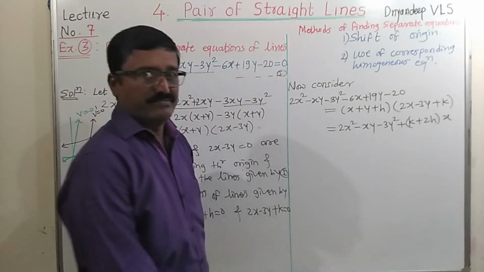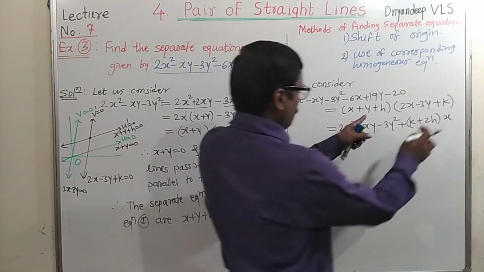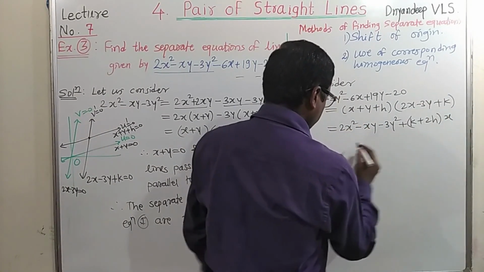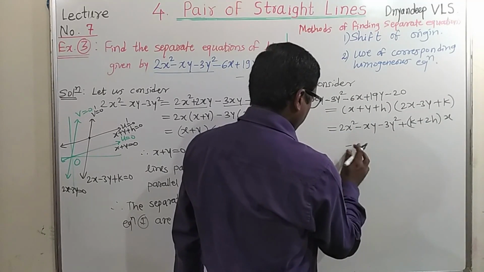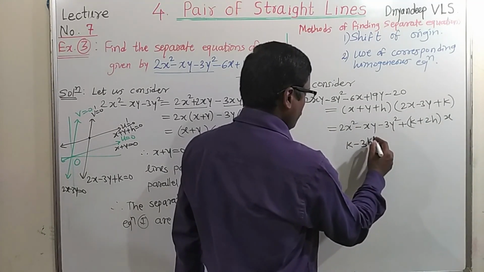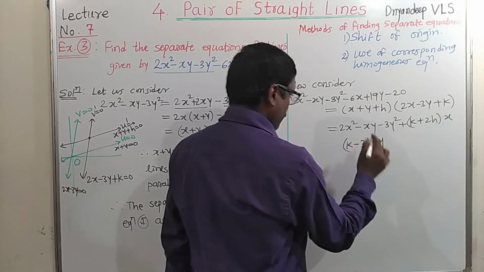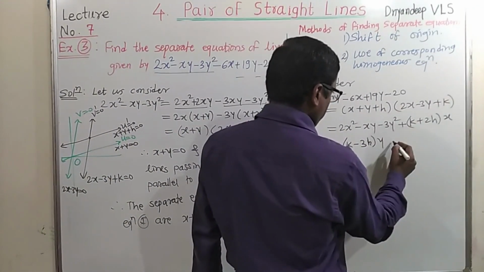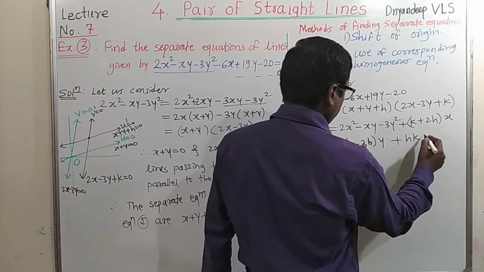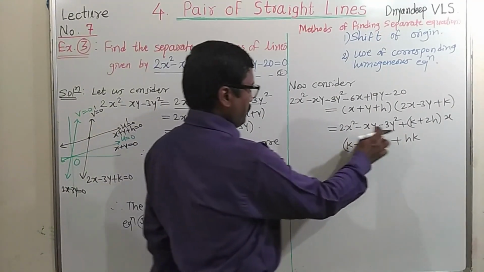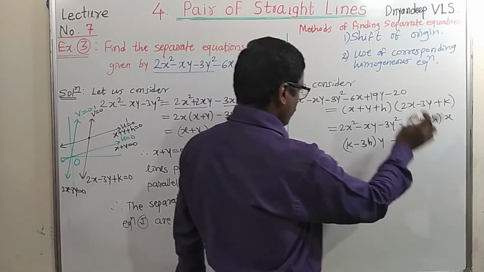That is the x term. Now let us find y term. Y term will be ky and minus 3hy. And last is constant, that is plus hk. Okay. So that we get x square term, y square term, x term, y term and constant term.